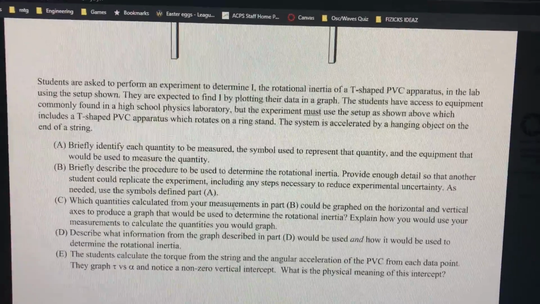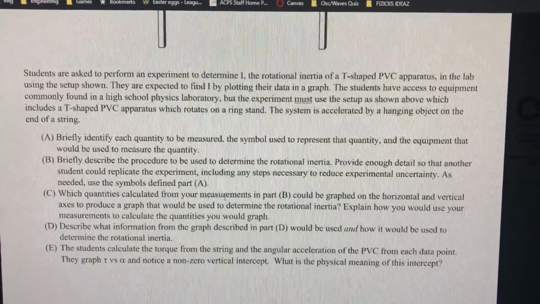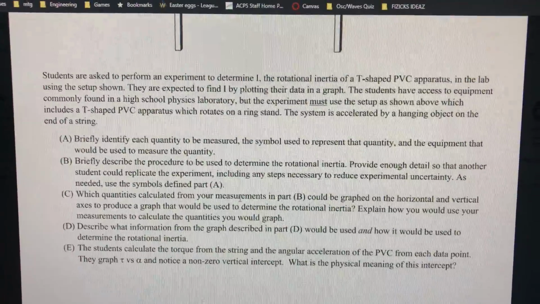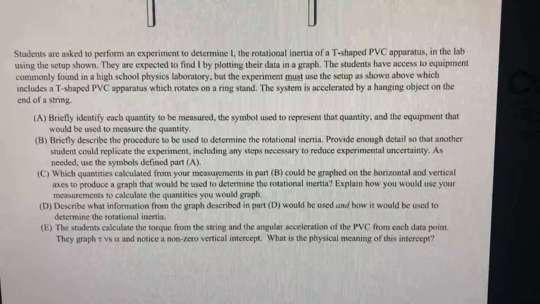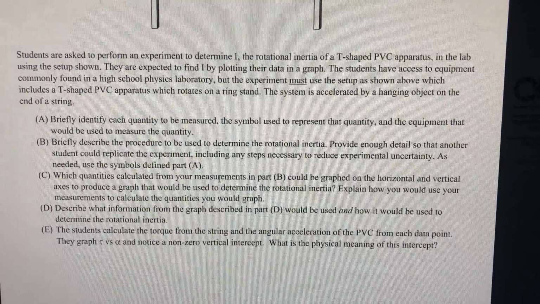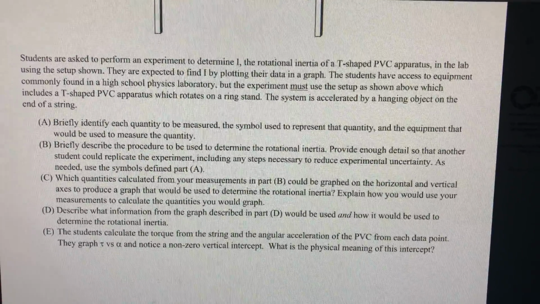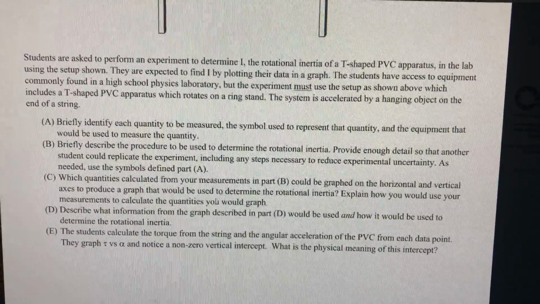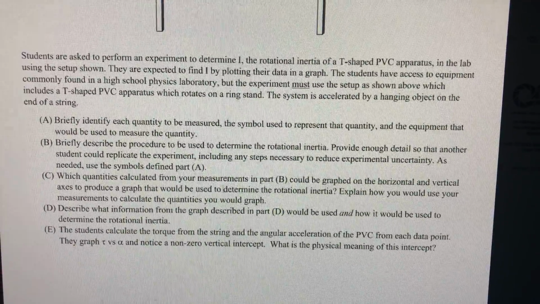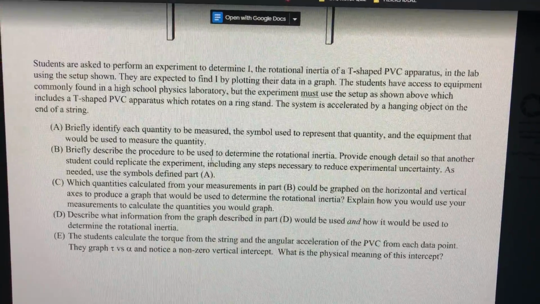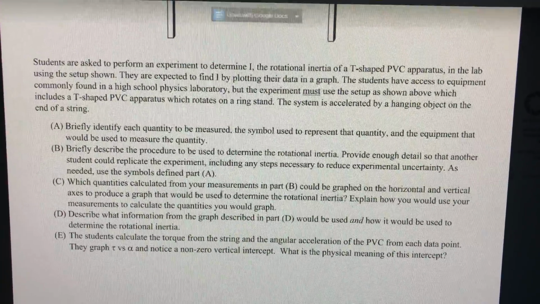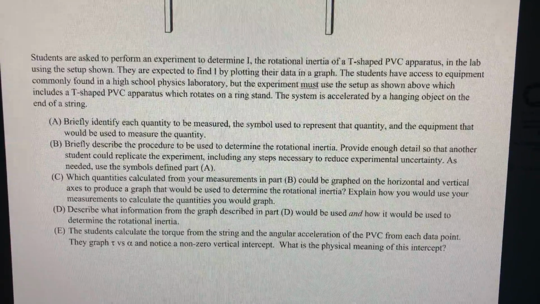For example, if I were asked about F equals ma, if I could find force and I could find acceleration, I could do some graphing and we could find mass, because there is a relationship between those three variables. If I find two of them, I can find the other. So look at your equations, think about what kind of graph you could make based off an equation that has I in it somewhere, the rotational inertia or the moment of inertia.